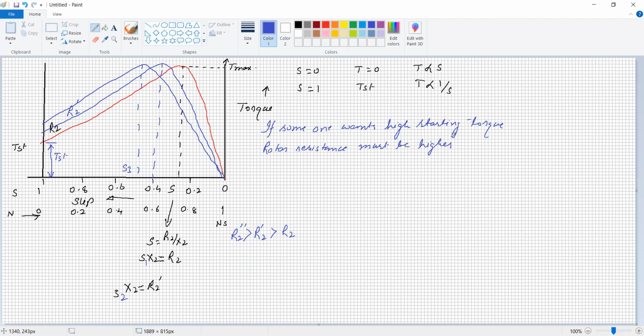So if our requirement is high starting torque, then the rotor resistance should be kept at a somewhat higher value.